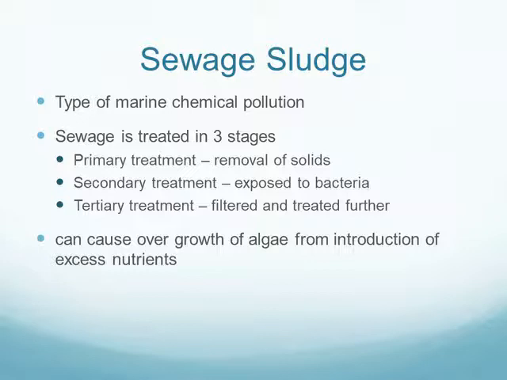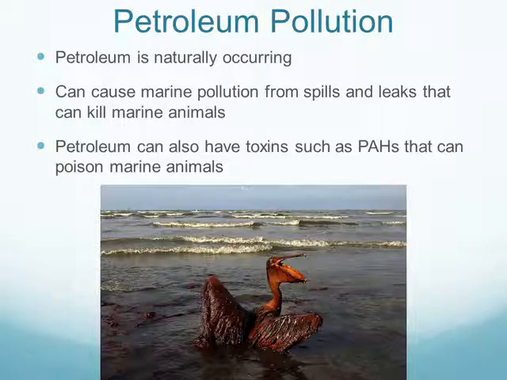With anything, excess nutrients in the ocean will lead to an overgrowth of algae. Petroleum is another type of pollution that you can find in the ocean. Petroleum is naturally occurring, and when it gets into the water, it can kill marine organisms because of the toxins that are found within petroleum.